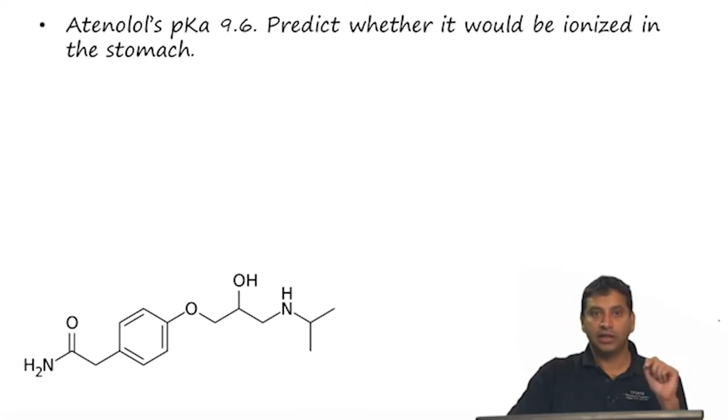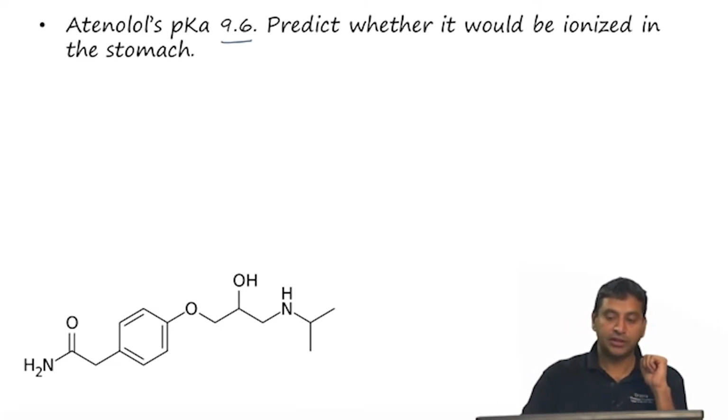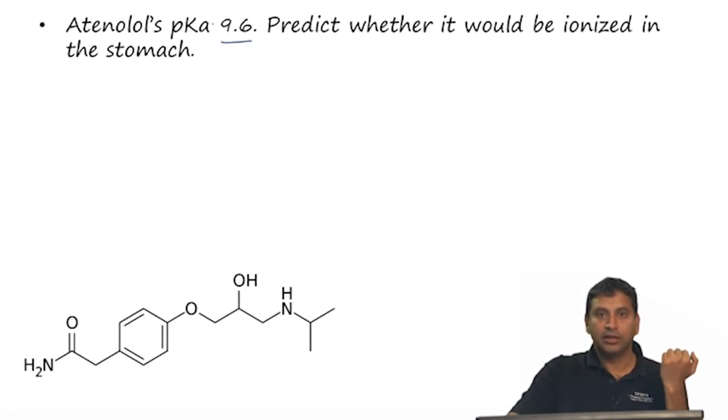The next question is, atenolol's pKa is 9.6. So, the question is, predict whether it would be ionized in the stomach. In order to address this question, what we would need to do is to look at this structure very closely and see what are the functional groups which are going to be acidic or basic.